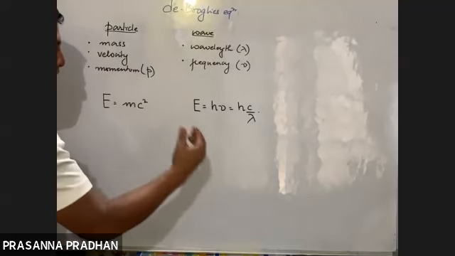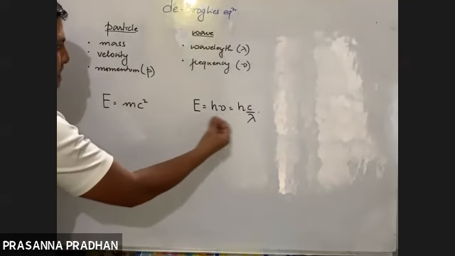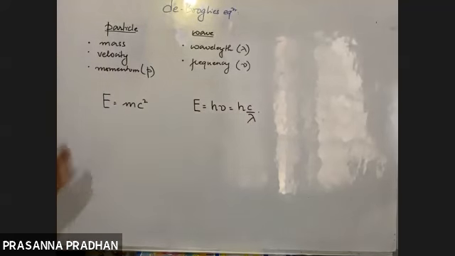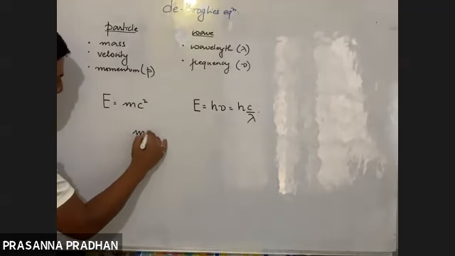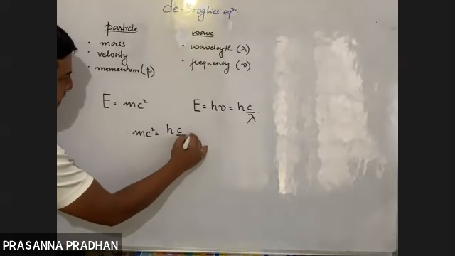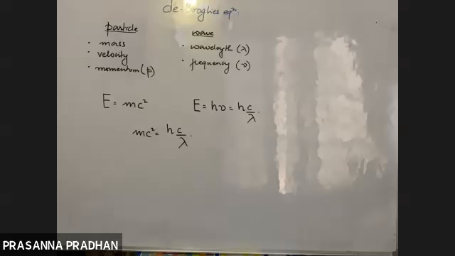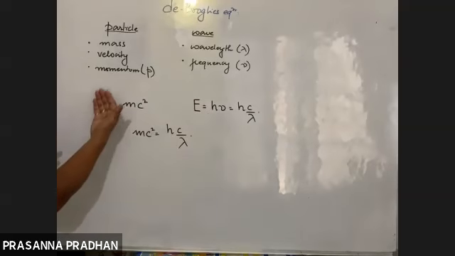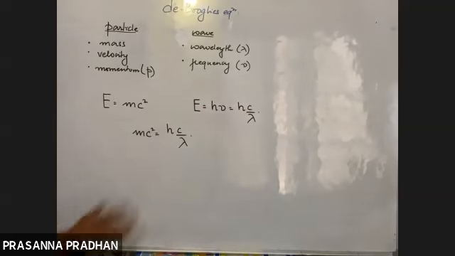Now the energy of a radiation wave is given by E is equal to h mu. Both express the energy. So can I write mc square is equal to hc by lambda? Yes, why can't I write this? Because a radiation behaves as a particle and also as a wave, and for both the energy is expressed as E is equal to mc square and E is equal to hc by lambda.